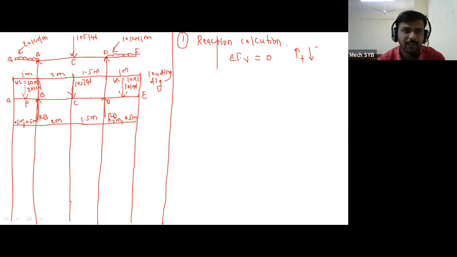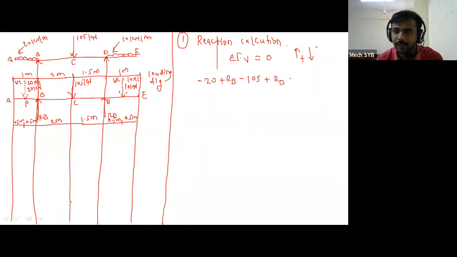So start from the left side: minus 20, plus RB, minus 105, plus RD, and minus 10 is equal to 0.